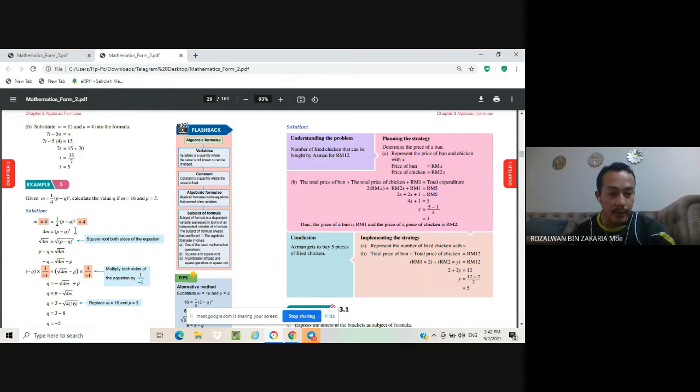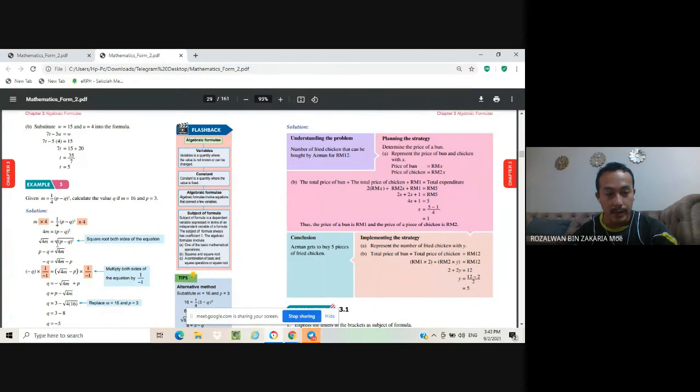Alright, then what to do? So we want to change to Q, right? Here we have a square, so we want to cancel this square. How to cancel this square? By square root. So this square, you put square root on your right side. When you put a square root on your right side, your left side also needs the square root.